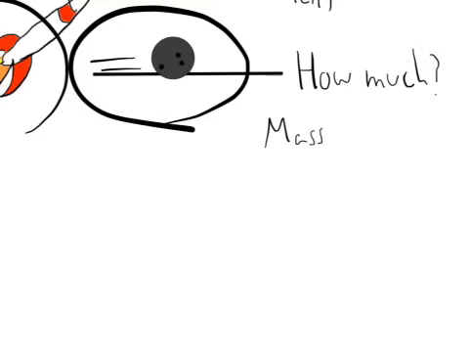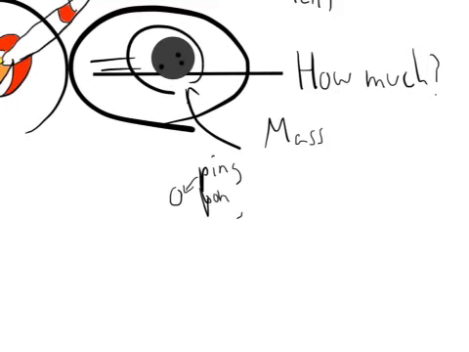So let's take this bowling ball right here. And we're going to take a ping pong ball, right? That's a ping pong ball. I'm going to ask the question, would you rather get hit in the head by the bowling ball or the ping pong ball? If you're a sane person who doesn't care for getting head injuries, you're going to say, oh, I'd rather get hit by the ping pong ball. It's lighter. It's not going to hurt as much when you get hit.